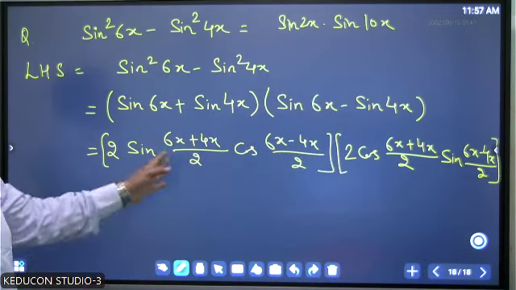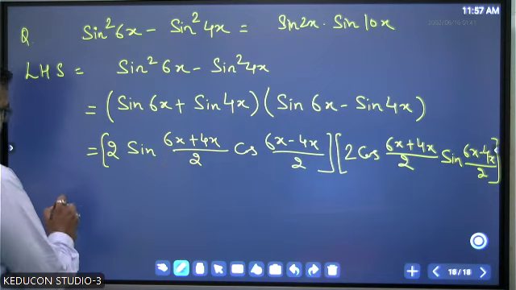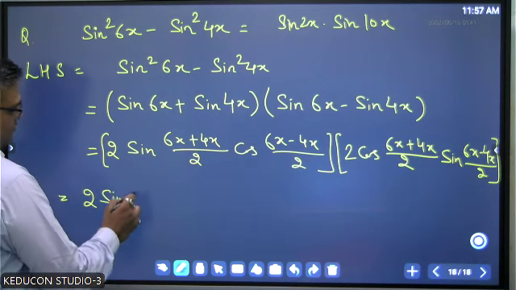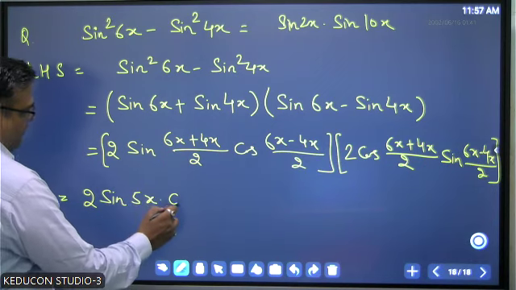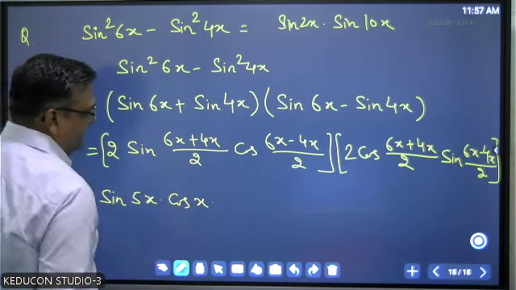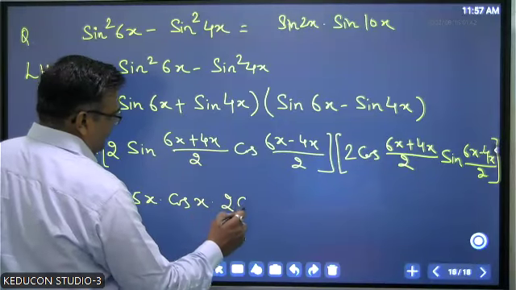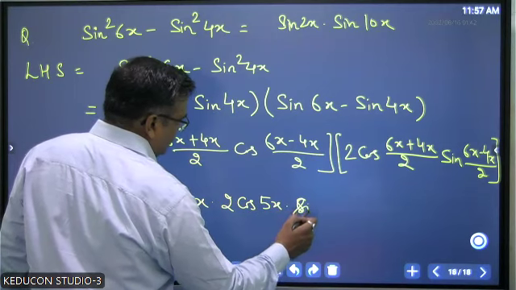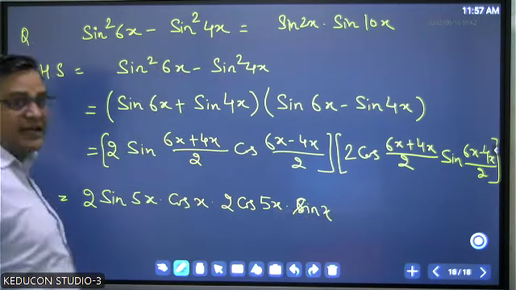So applying both the formulas, what you got? 2 sin 10 by 2, 5x cos x into 2 cos 5x into sin x, right?